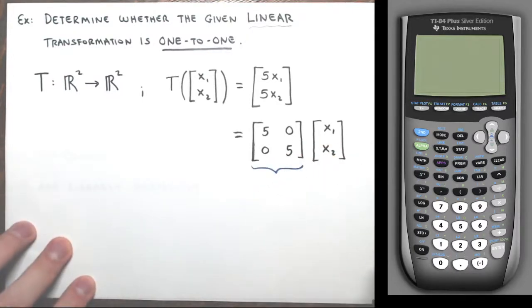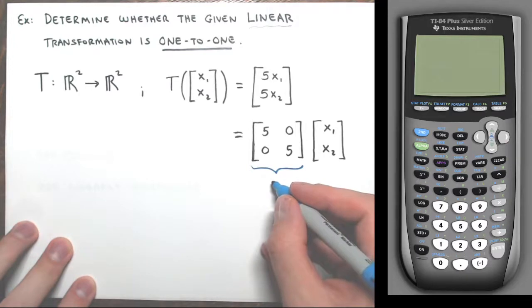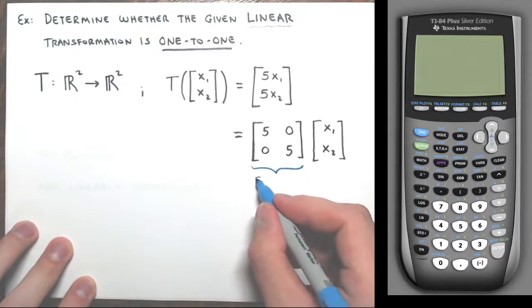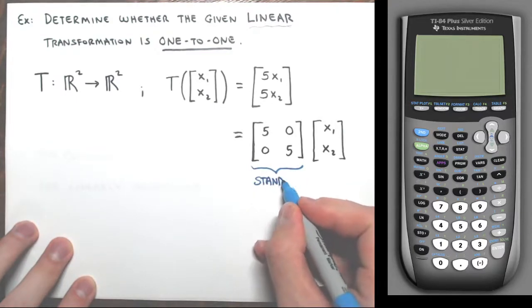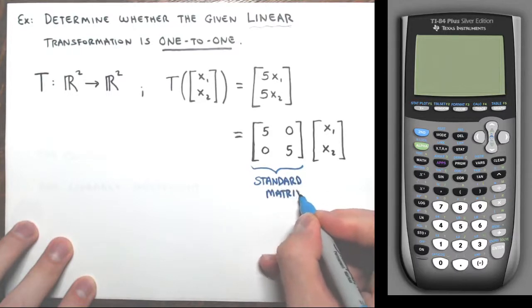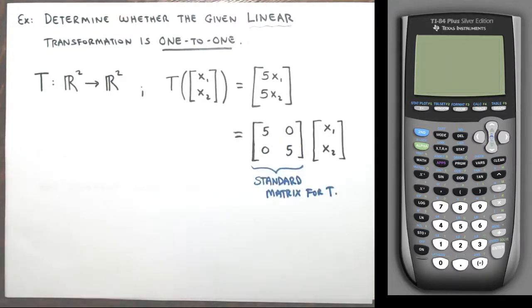I've put up videos before on finding the standard matrices of a linear transformation, so I'm not going to go into the whole process again. I'm just going to write them, and we'll see whether they have linearly independent columns, and that'll tell us whether or not the transformation T is one-to-one. So here's the standard matrix for T: 5, 0, 0, 5.